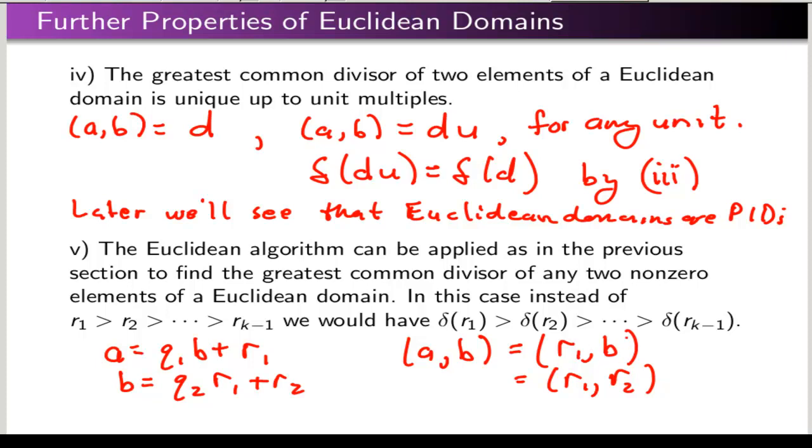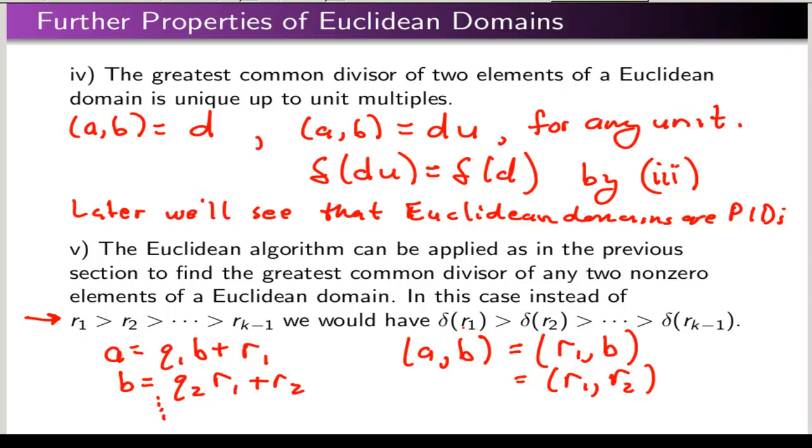I didn't state it, but by the way, the GCD invariance property would work just as well for any Euclidean domain. And so you go through the Euclidean algorithm, and with the integers, we had a strictly decreasing set of remainders, so we knew it would terminate.